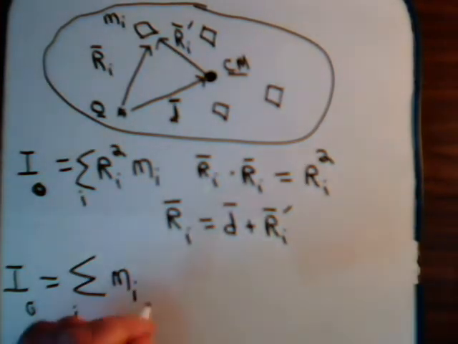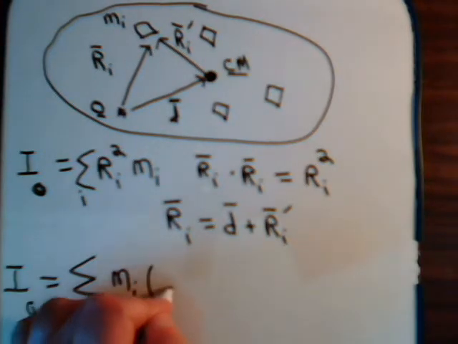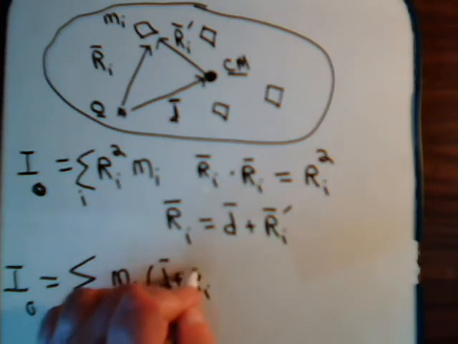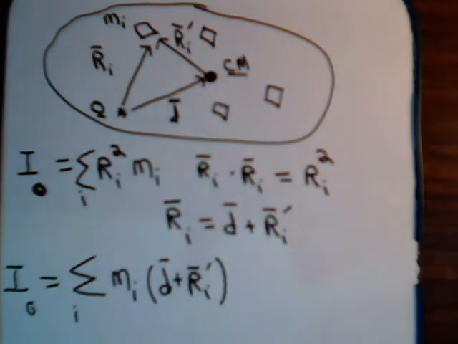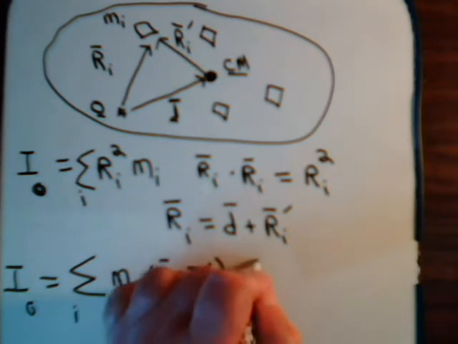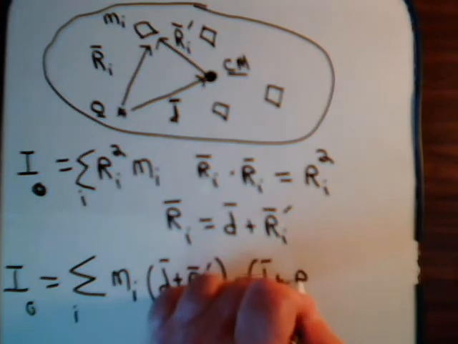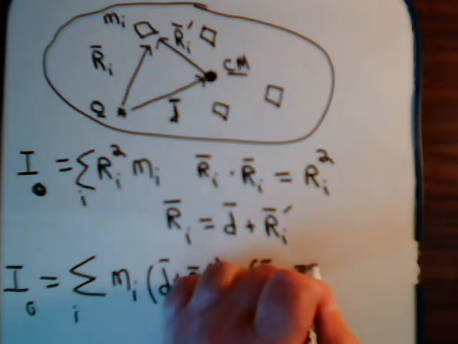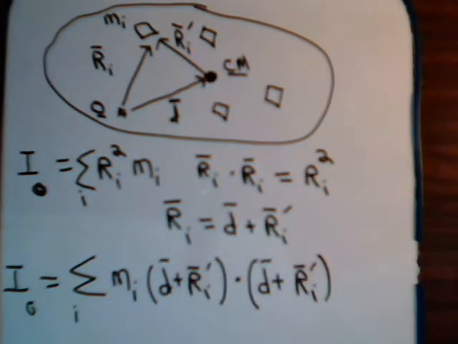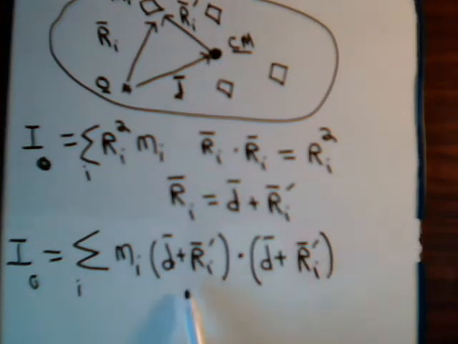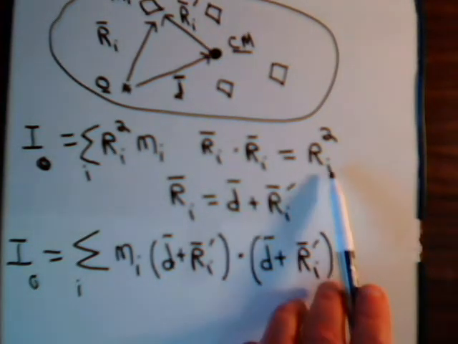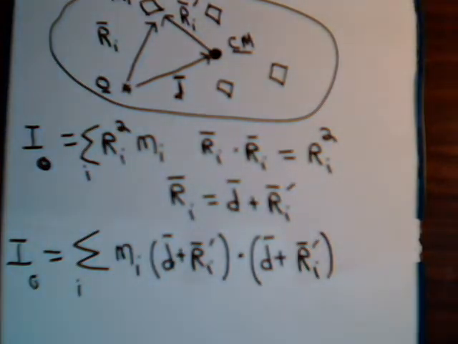Here's Ri, so we would have d plus Ri prime, and take the dot product of it with d plus Ri prime. Ri dot Ri is Ri squared, and that's what we have in our formula. So let's see what kind of an expression this gives.